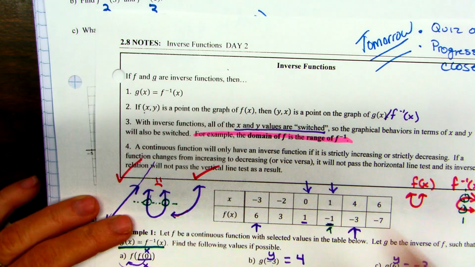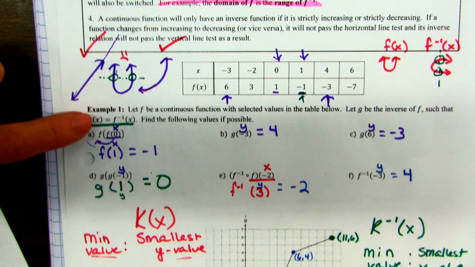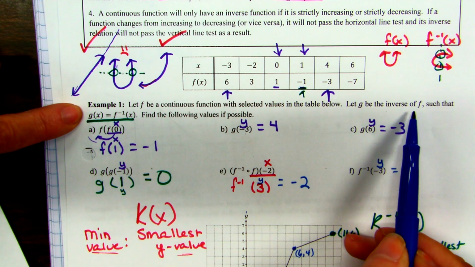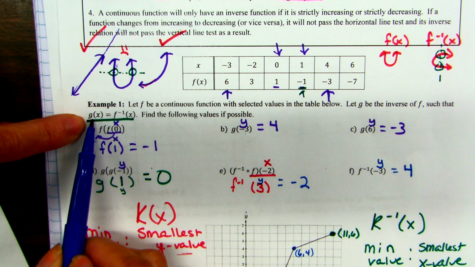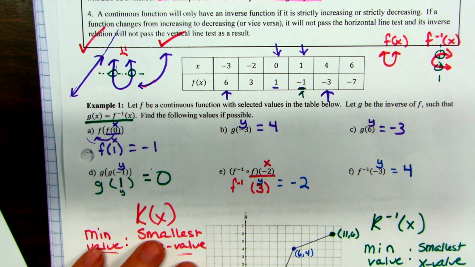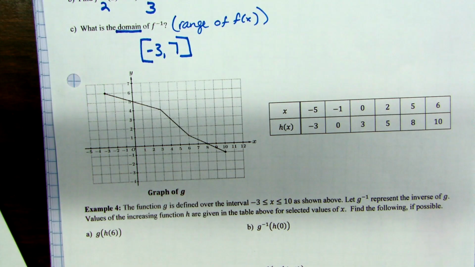That's a specific example. They told us that right here. They said let g be the inverse of f, so they're telling us g of x is just calling it something else other than using that notation. So be careful. It doesn't mean that always and forever now g of x is some inverse of f. It would have to be given to you like that, okay?